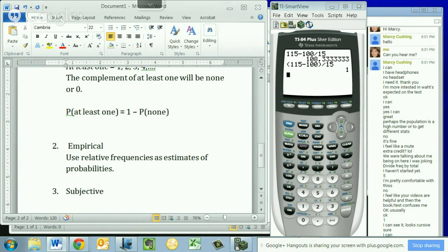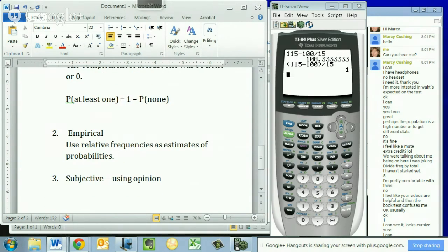And that's called creating a probability model. And then the subjective approach was the third approach, and that's using opinion to estimate probabilities.